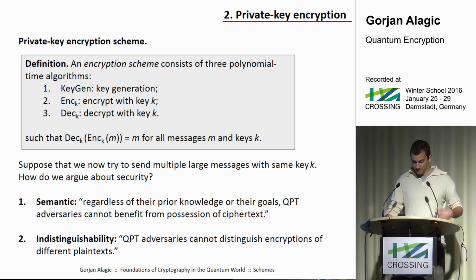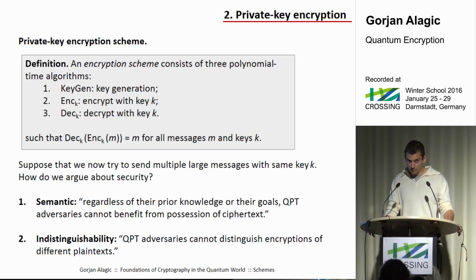Semantic security, very informally, says the following. Regardless of the prior knowledge of the adversary and their goals, they cannot benefit from possession of the ciphertext. So we vary over all possible quantum algorithms, over all possible prior information that they might have, and also over all possible things that they might be trying to compute.